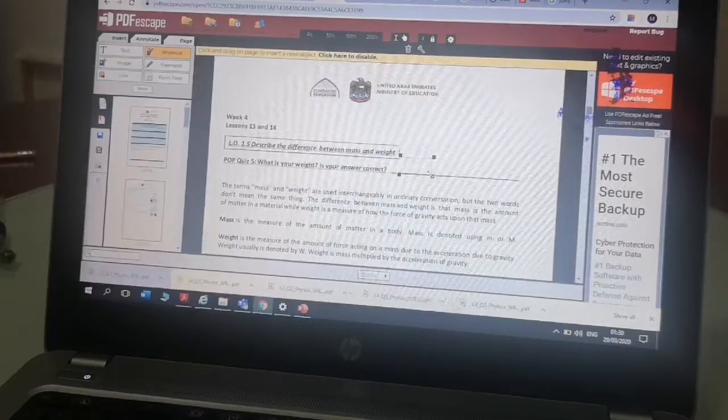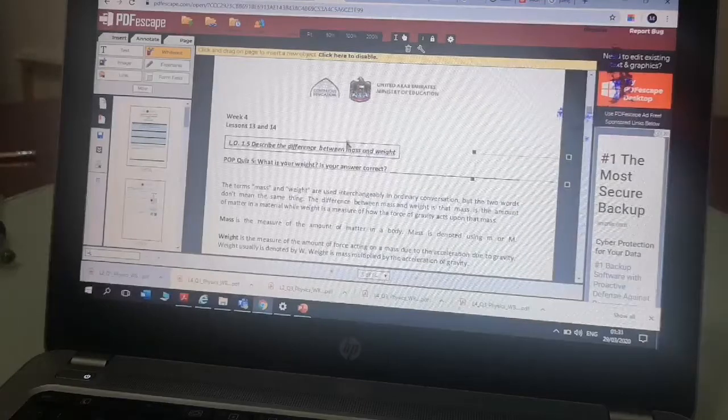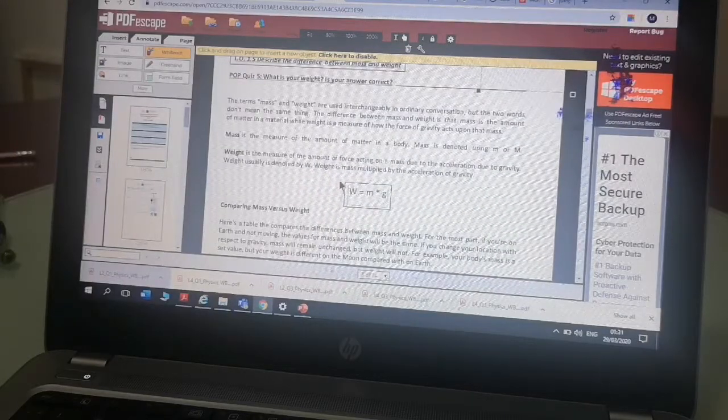This is not your weight, this is your mass. Mass is measured in kilograms, and weight is measured in newtons, so it's a force. To find your weight, you need to take your mass and multiply it by gravity. There's an equation there. Weight equals mass times gravity.